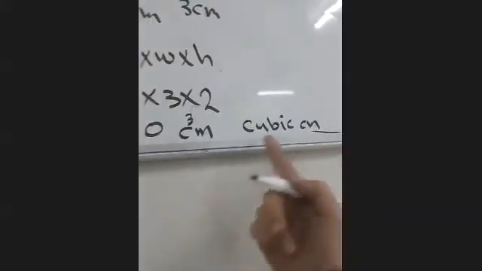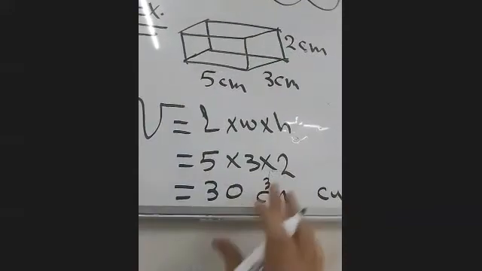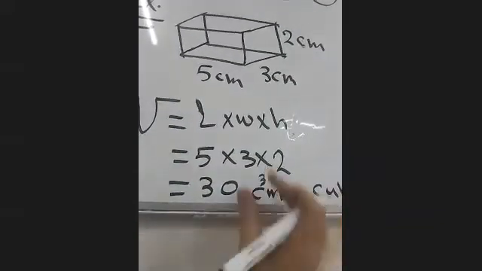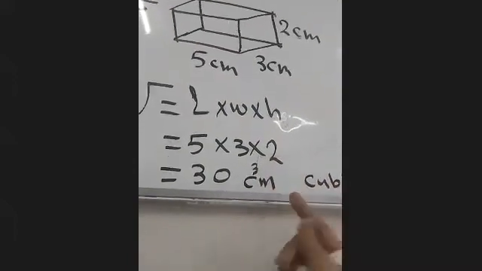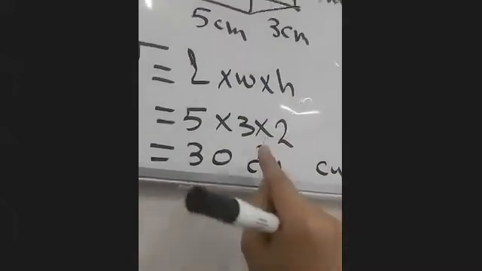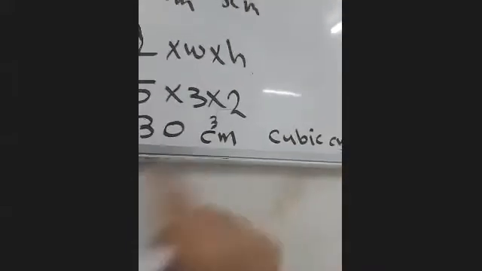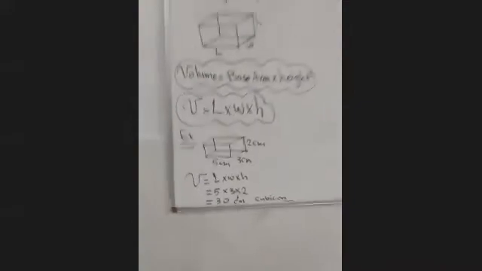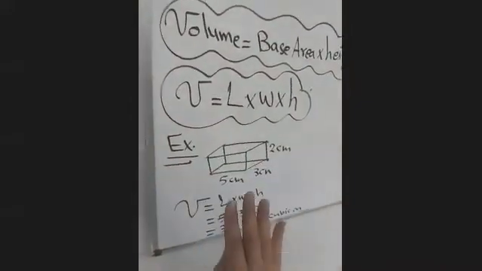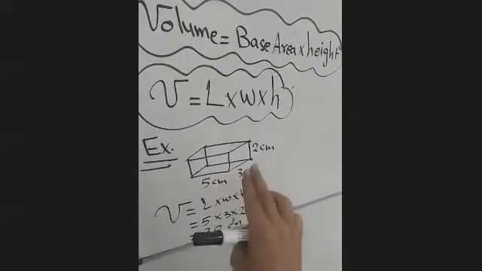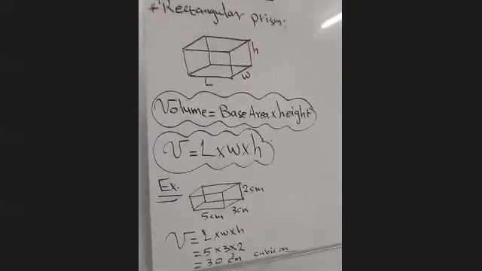So to put the unit of the volume, we put the unit of the dimension, centimeter, and we put the 3 up. How do we read it? We don't say centimeter 3. No, we say cubic centimeter. So to find the volume of the rectangular prism, simply multiply the length by the width by the height. That's all. Let's take exercises now.